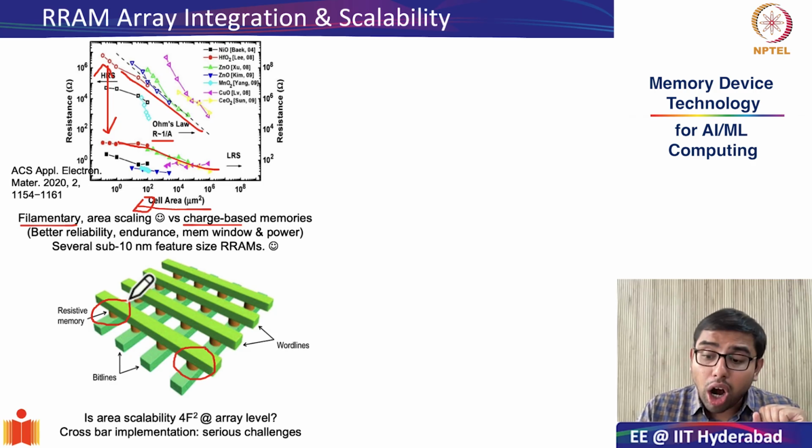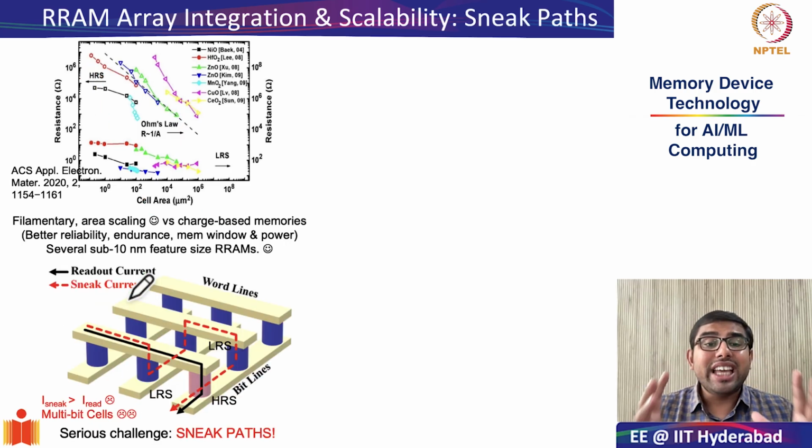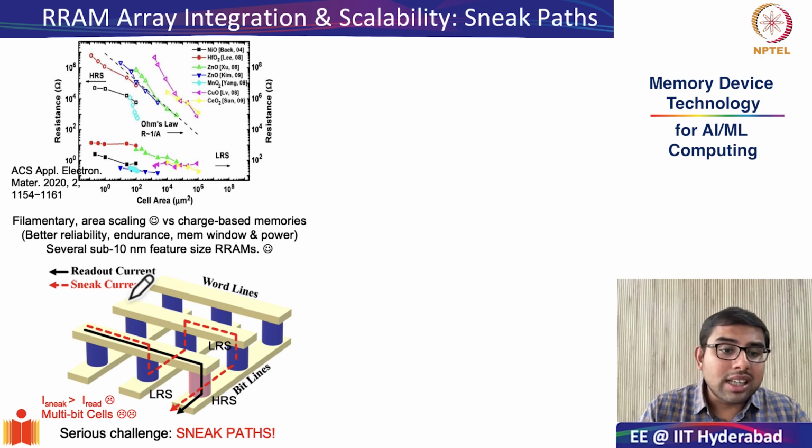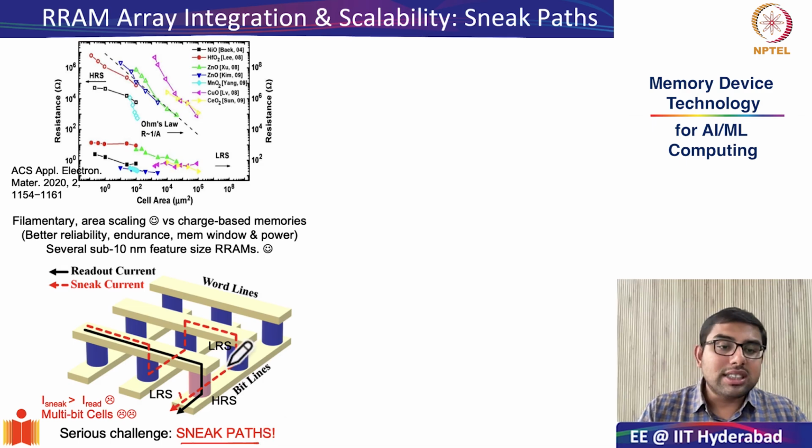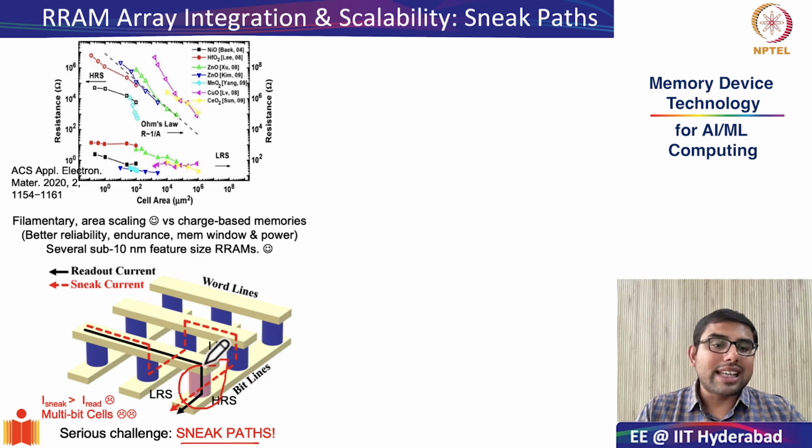It turns out that is not the case because of a very serious issue that occurs when we start scaling RRAMs in crossbar arrays. This serious challenge is known as the problem of sneak paths. Let me try to explain this problem with a very simple example. Let us assume that the cell that I would like to read out is the cell which is marked in red, and in order to do so, I need to apply a read voltage across the associated word line and the associated bit line.